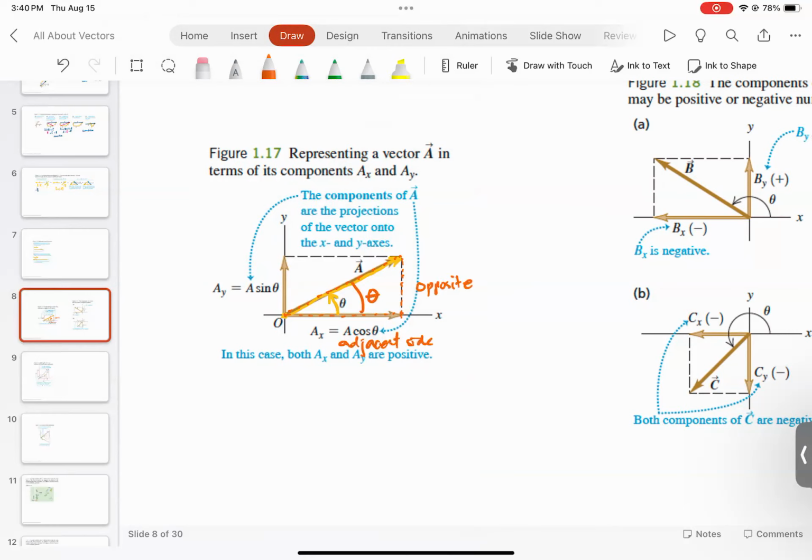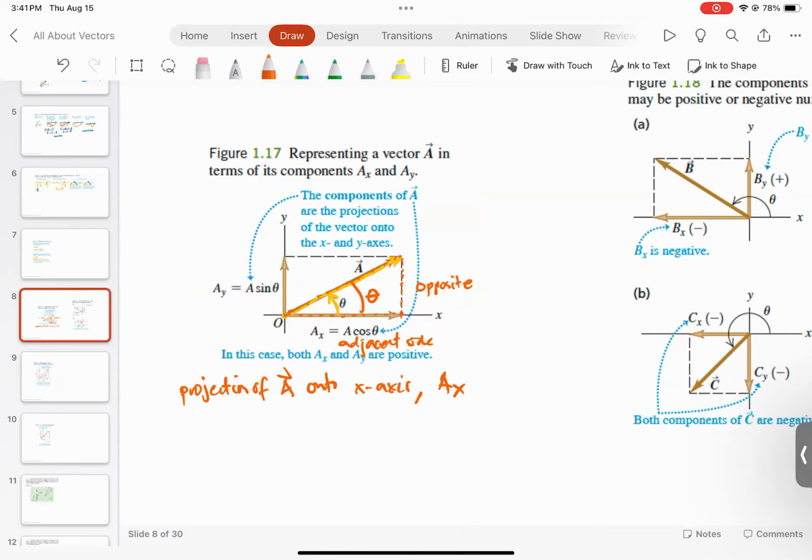Okay? Now, we represent yung projection ng A onto the x-axis, so projection of vector A onto the x-axis as A sub x.